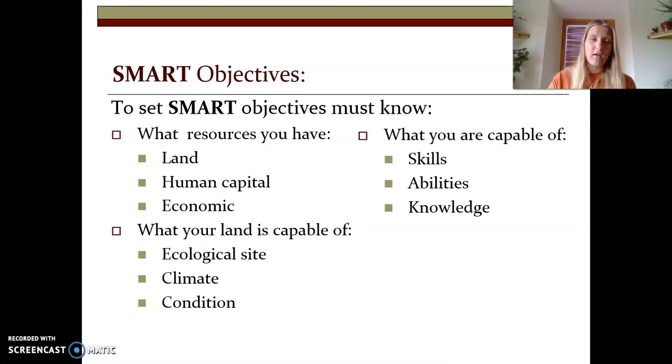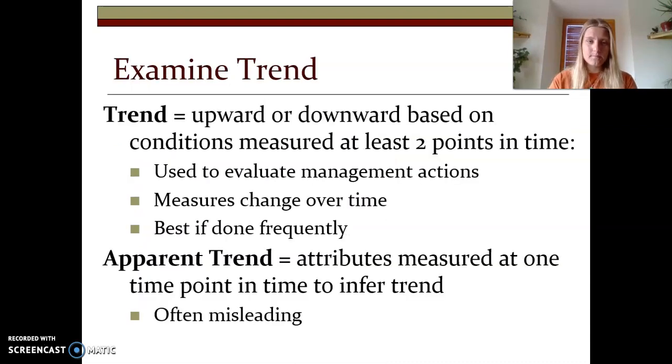Here's a couple more examples. To set SMART objectives, you need to know what resources you have, what you're capable of, so your skills, abilities, knowledge, and what your land is capable of, is it a good ecological site, how's the climate, what's the condition like, all those factors come into play.